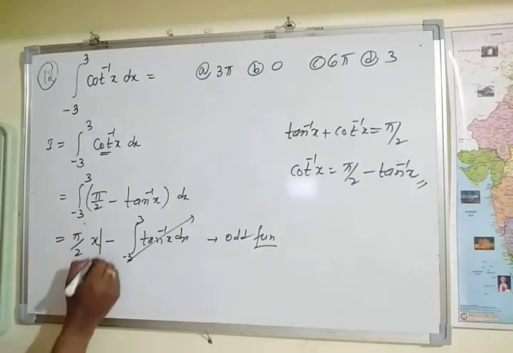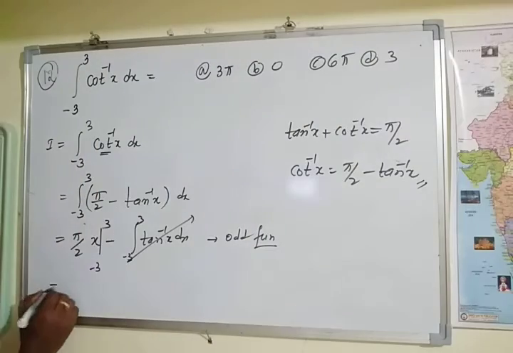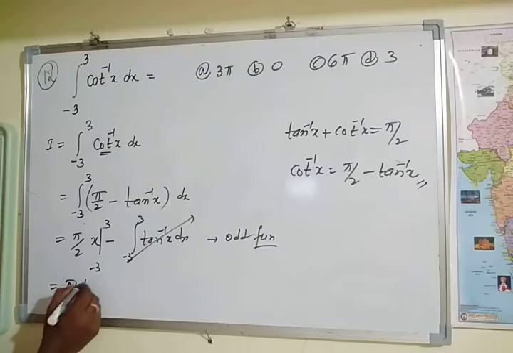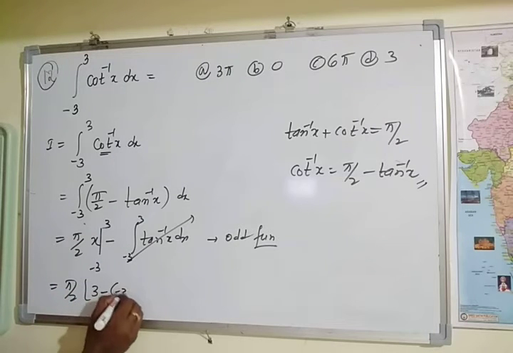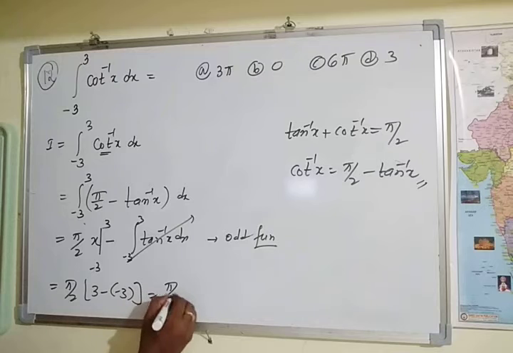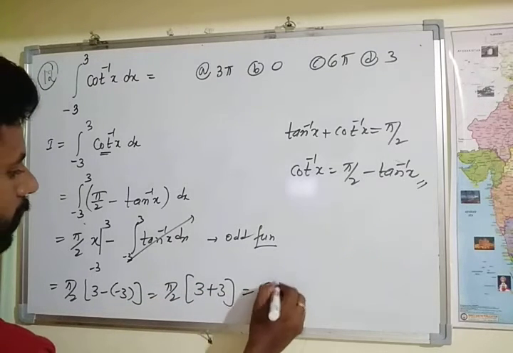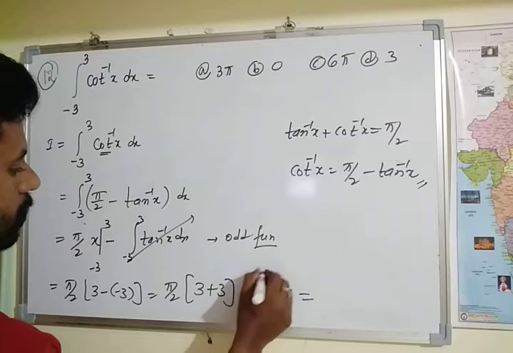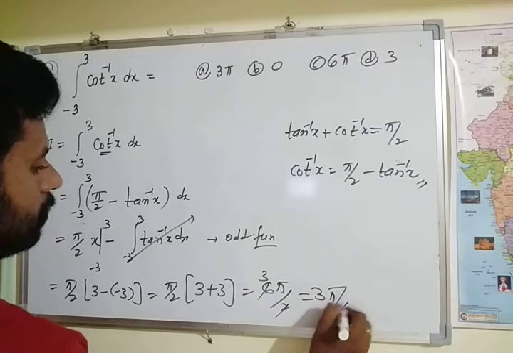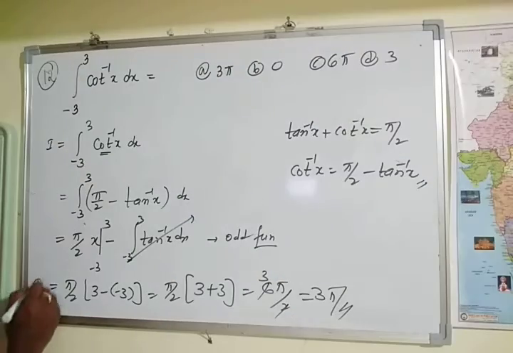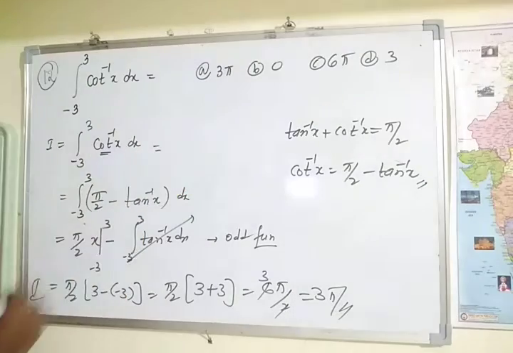Now from minus 3 to 3, pi by 2 times the upper limit 3 minus minus 3, which is 3 plus 3 equals 6, pi times 6 divided by 2. 2 1s are 2, 2 3s are 6, so I is equal to 3 pi.